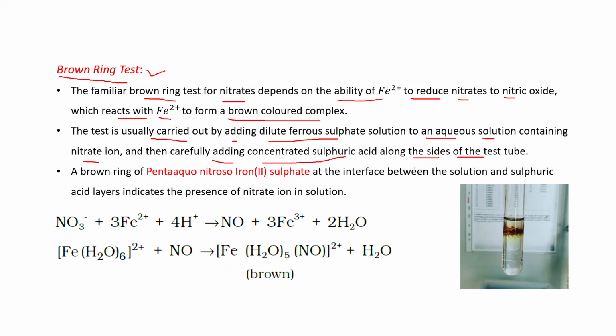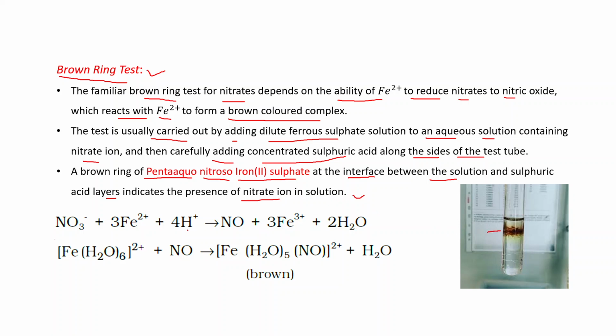When these two solutions meet, a brown ring of penta aquo nitroso iron(II) sulfate at the interface between the solution and sulfuric acid layers indicates the presence of nitrate ion in solution. You can see the brown ring is formed like this.